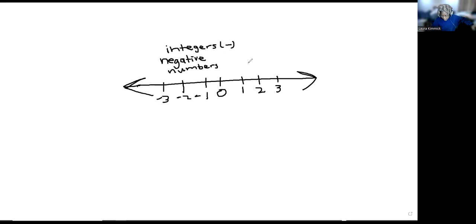And then we have positive numbers, which are also known as natural numbers. And of course, you can put a plus in front of a positive, but we don't have to because the positive is implied. You just know it's there without putting it there. So they're also known as positive integers or numbers.